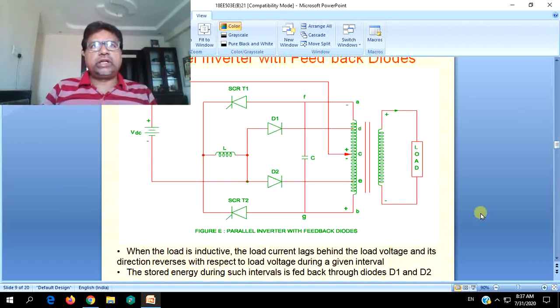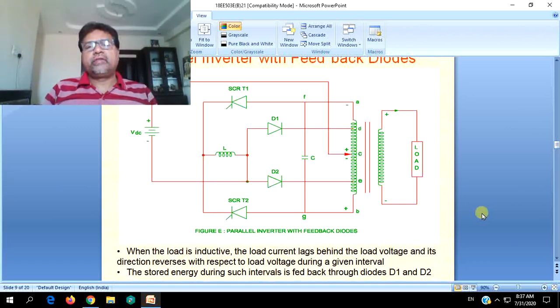So though voltage starts from 0 instant, inductive current starts from 40 degrees. At 180 degrees voltage becomes 0, but current will be positive still. Voltage will be negative from 180, but current will still be positive from 180 to 180 plus 40, that is 220.